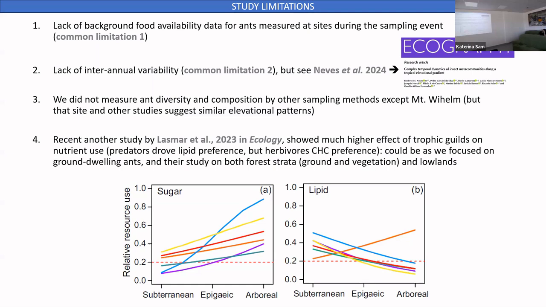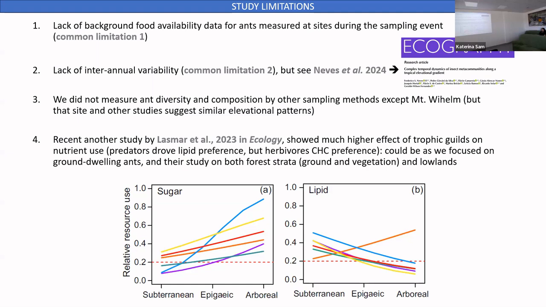And there was also a recent ecology study from Brazil which showed a very strong guild effect. They basically show that the arboreal ants, which are mostly sugar eaters or omnivores, really go crazy for sugars, while the predators, or subterranean ants, go more for lipids across some sites.